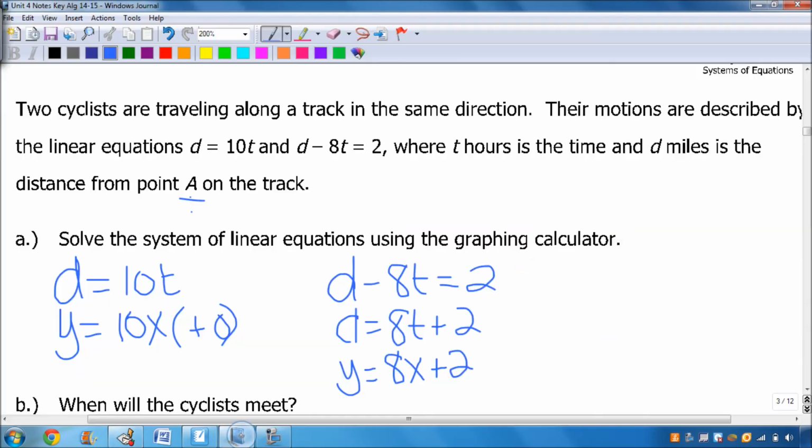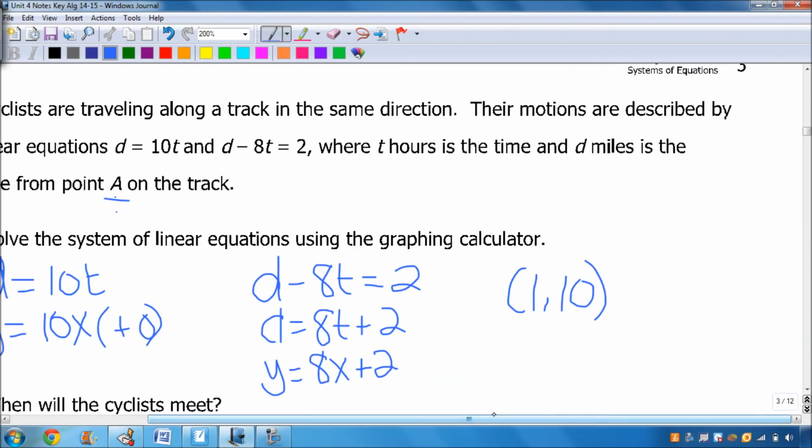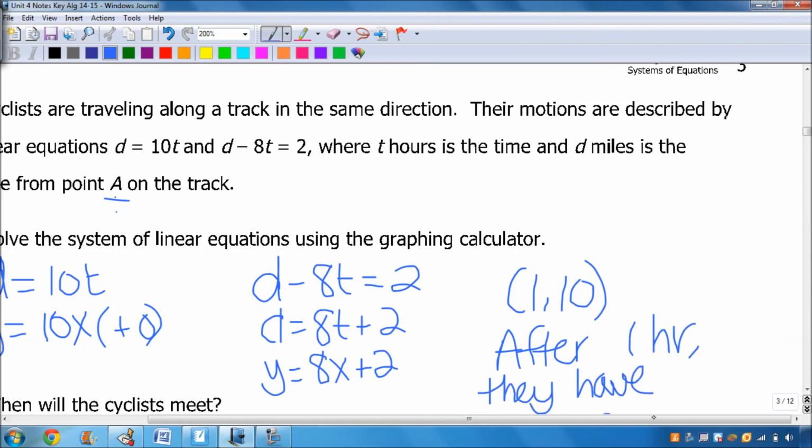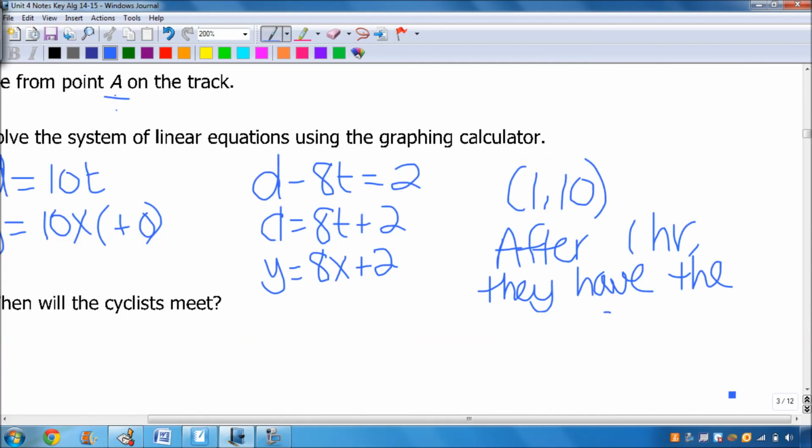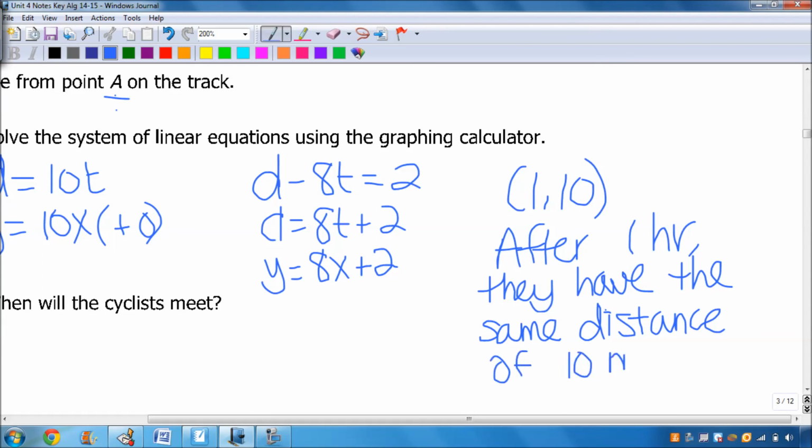I'm going to say that the solution is 1, 10, but what that really means is that after 1 hour, they have the same distance of 10 miles. Okay, and then I can answer the next question easily.